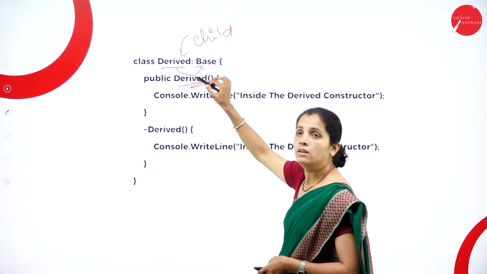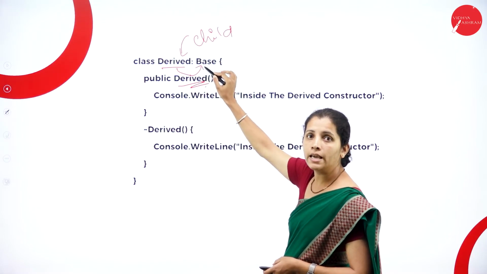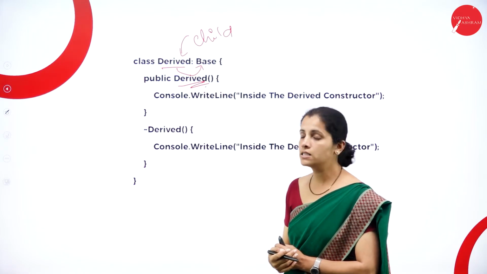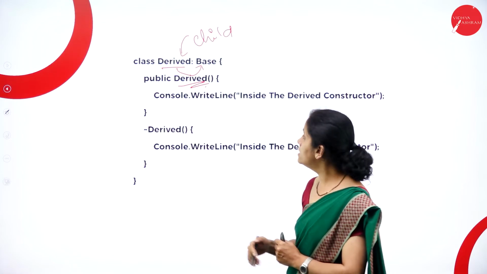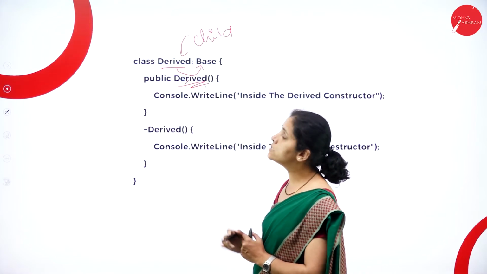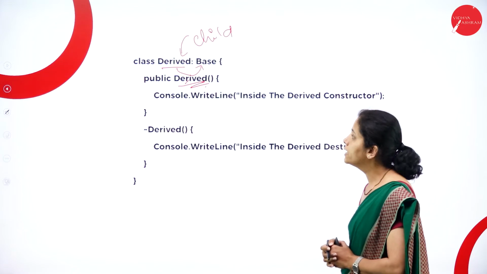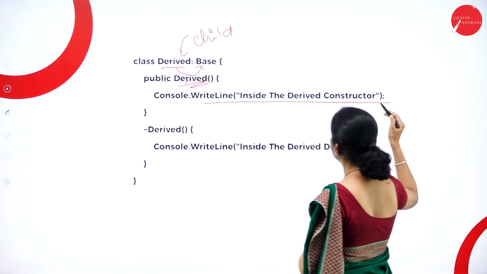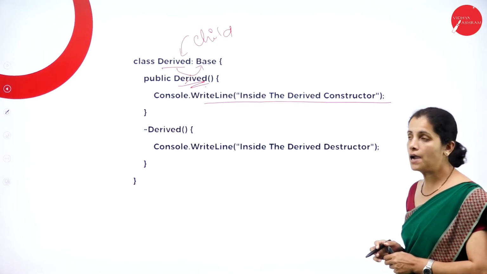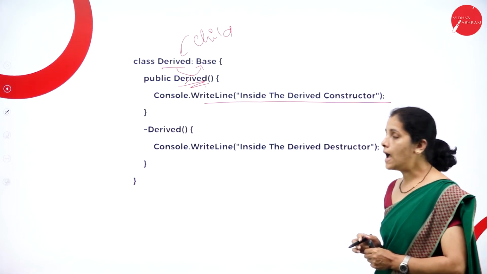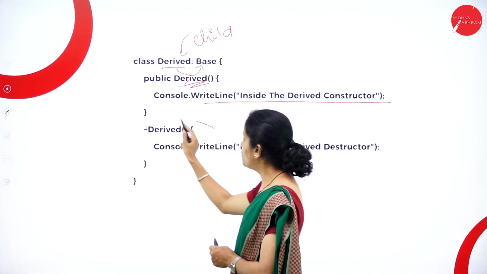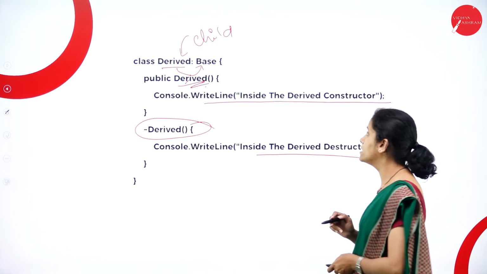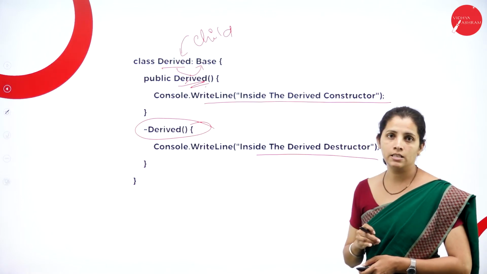Now, this is nothing but the constructor, and the constructor name must be the class name. Inside this constructor, I'm going to have the message called inside the derived class. Now, I have the destructor. So, what is the message inside the destructor? That is inside the derived destructor.